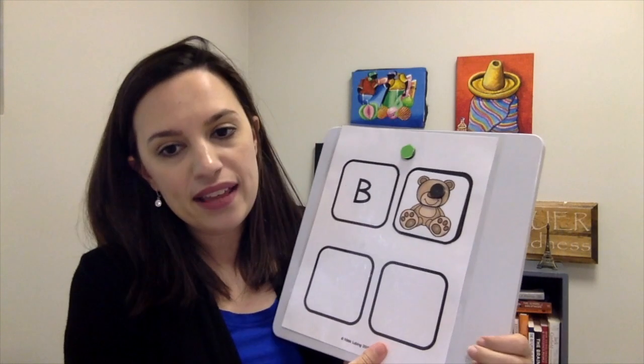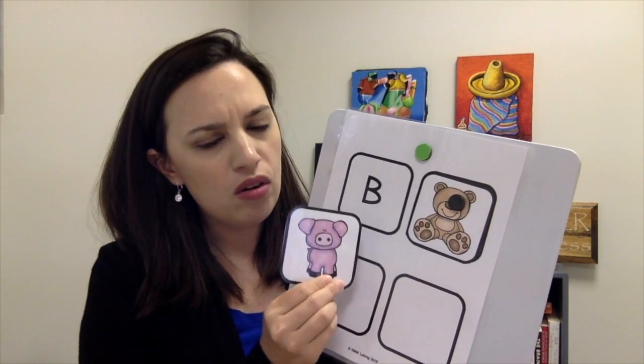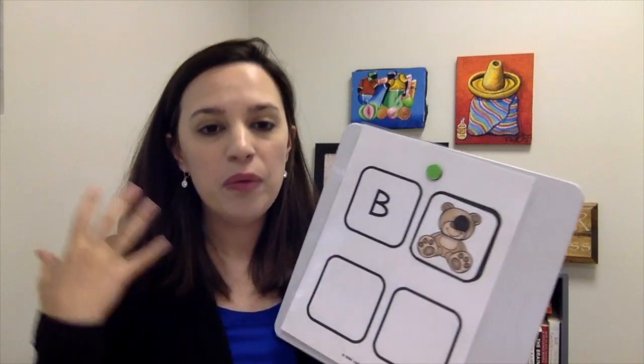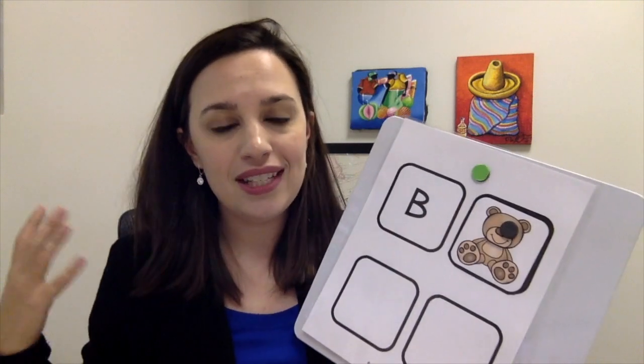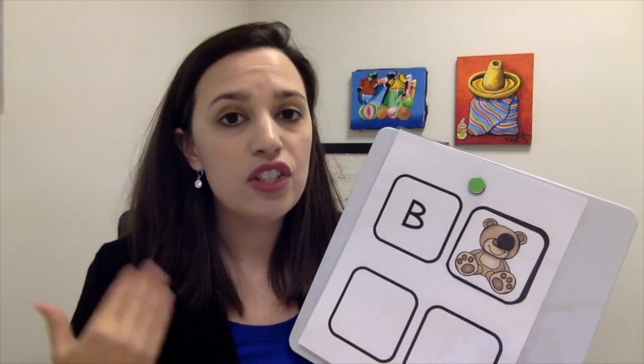And you just add it on there. Pig, pig, yes or no? No. So that's the whole point of doing those sorts, to see if they can recall and if they're understanding the sound of it. So you're testing their listening as well.